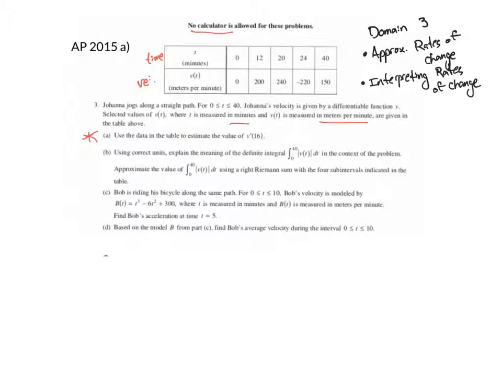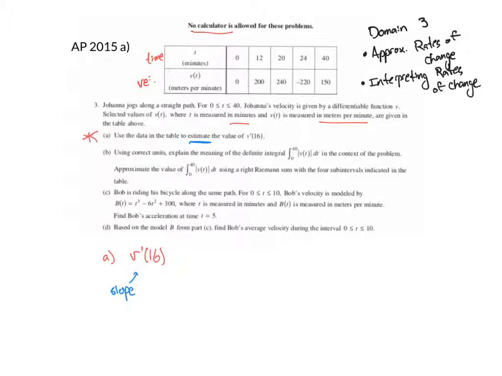So here's how all of these go. V prime of 16 is a derivative. That basically is a slope. You know that. But we don't actually have an equation. We don't have a function to derive for v. That's why this is asking us to estimate the value of v prime of 16.